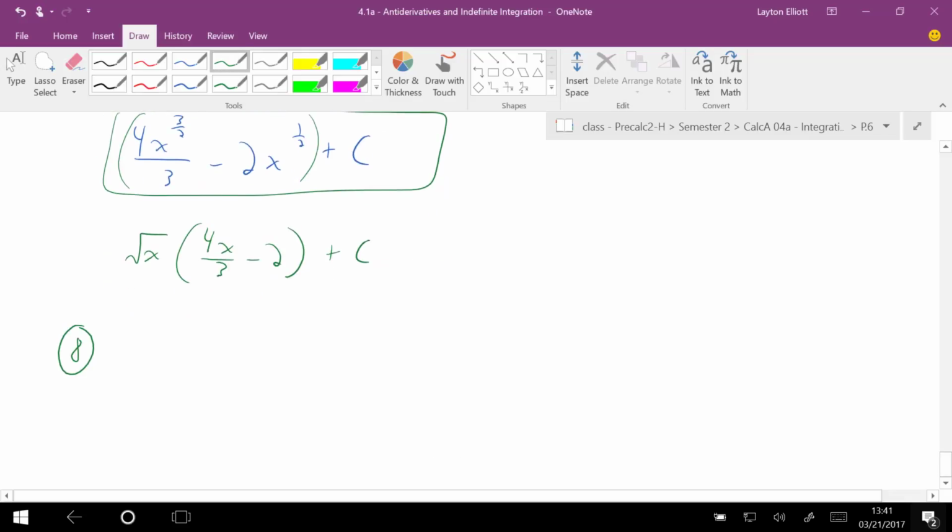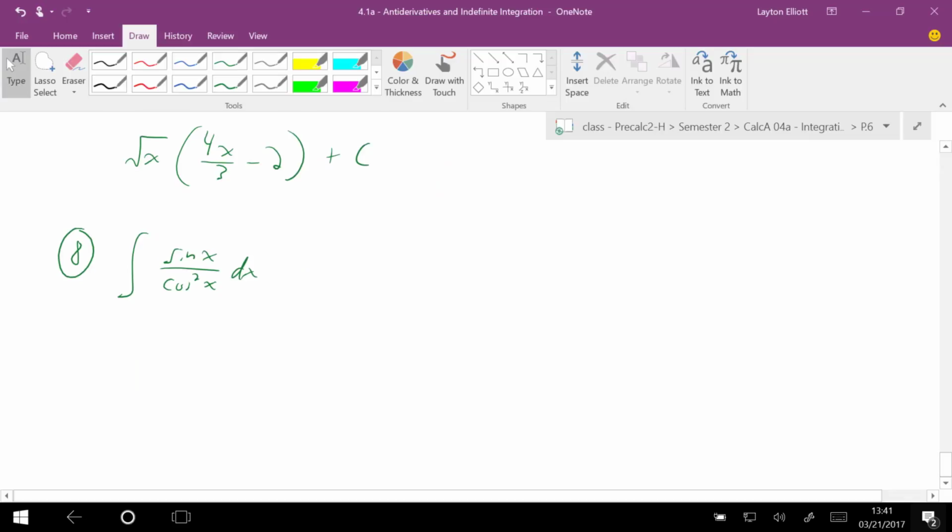Okay, last one, number 8, the integral of sine x over cosine squared x dx. Well, we're going to have to somehow change this into something right now that we know what the integral is, because doesn't matter if I know the parts of it, I need to see the whole.